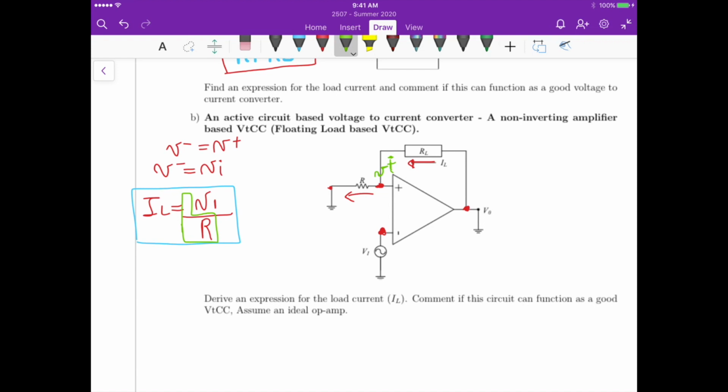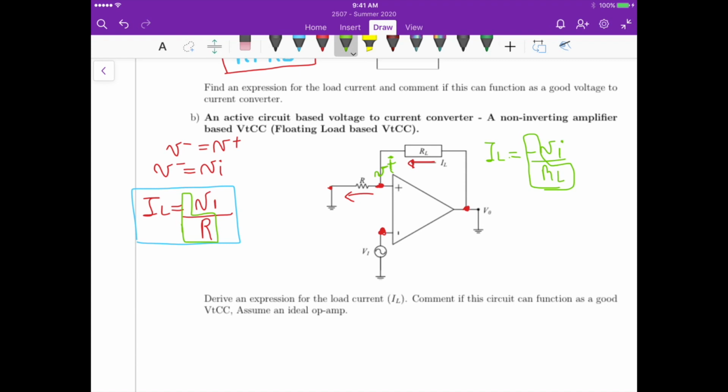So IL is equal to V out minus Vi divided by RL. So from my understanding, in this particular case, if we keep changing the value of RL, we are also changing the value of IL.